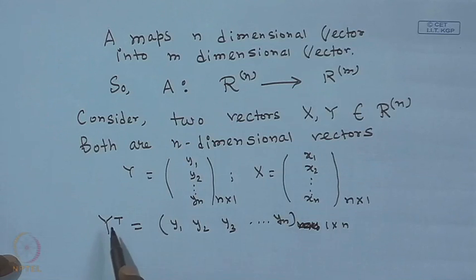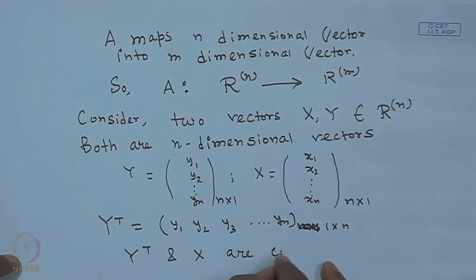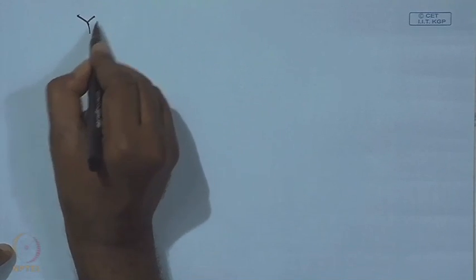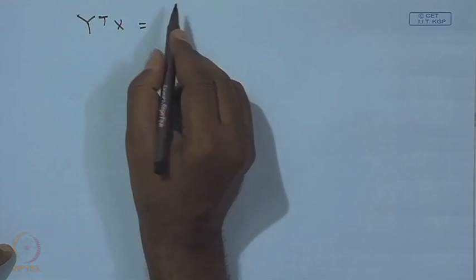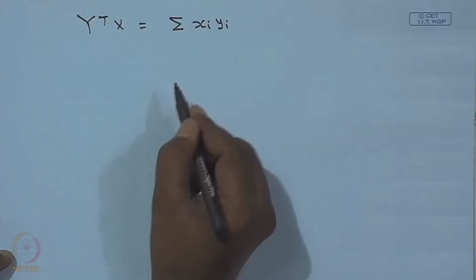So, y transpose and x are conformable, and matrix multiplication is allowed. If you multiply y transpose and x, then it becomes summation of x i y i.